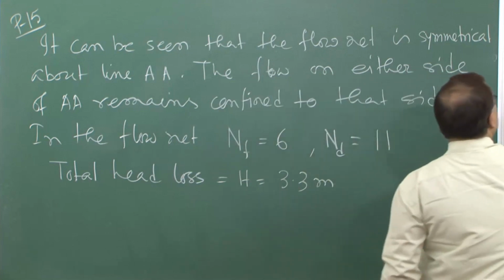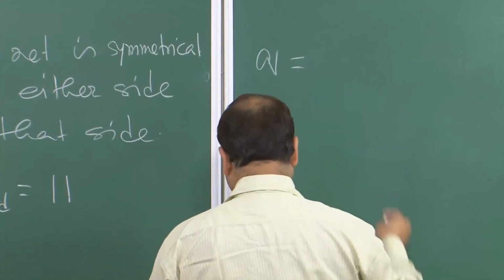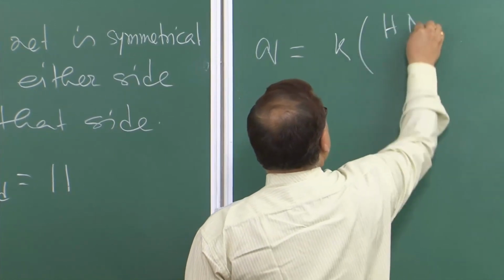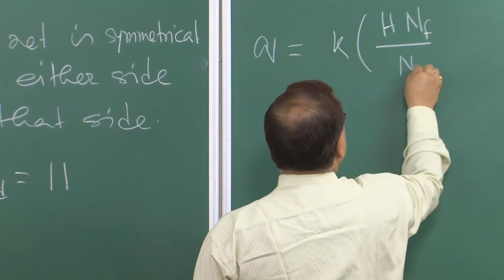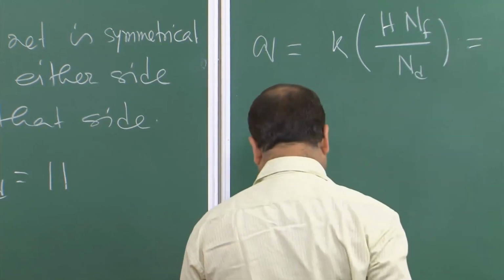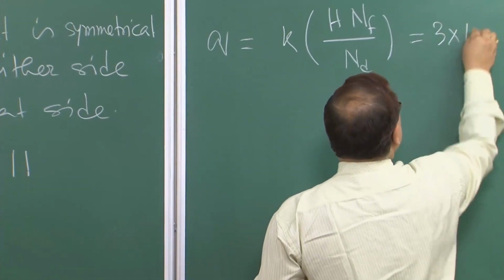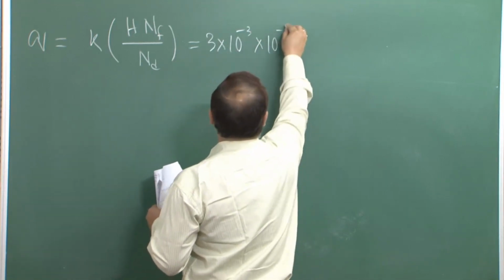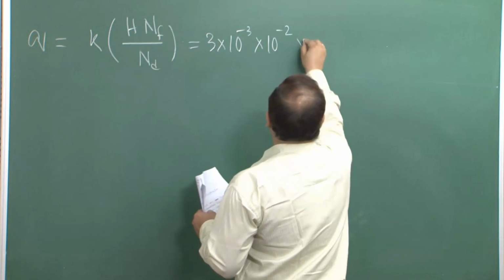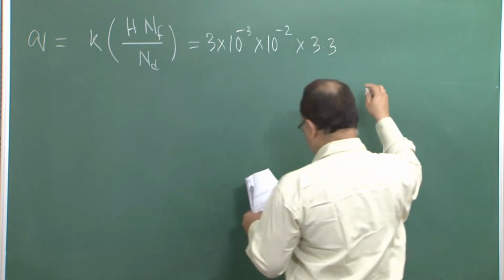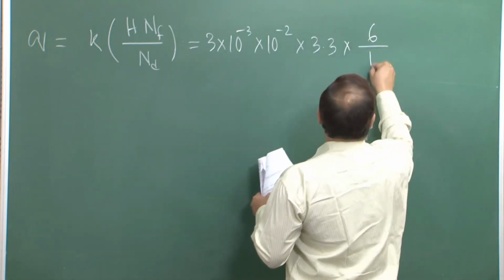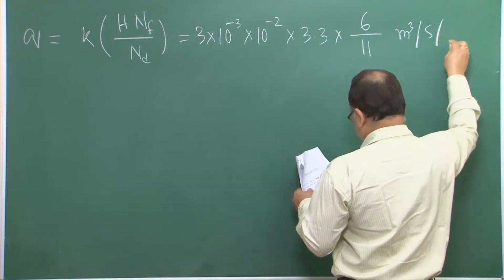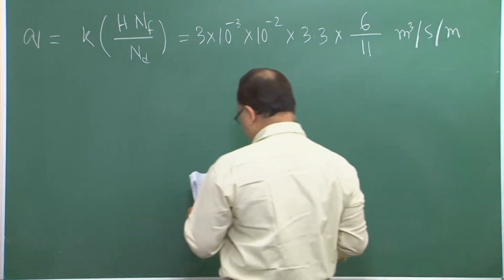Therefore, we can calculate Q equal to K into H into NF by ND, which is equal to 3 into 10 to the power minus 3 into 10 to the power minus 2 into 3.3 meter into 6 by 11 meter cube per second per meter width of the cofferdam.